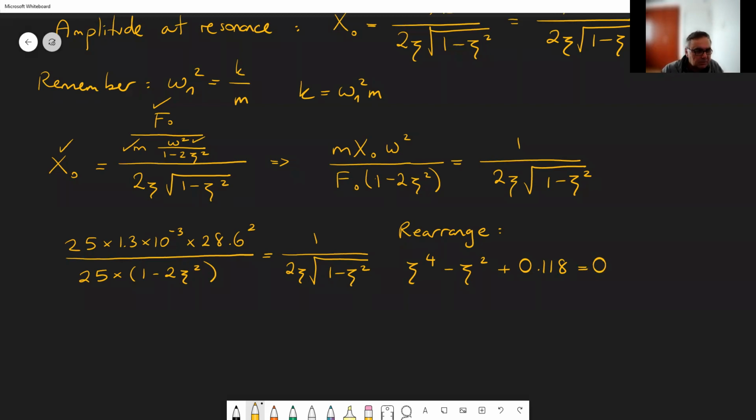So this is a quadratic in zeta squared, so it can be solved. It has two solutions. You know, the quadratic formula, etc.